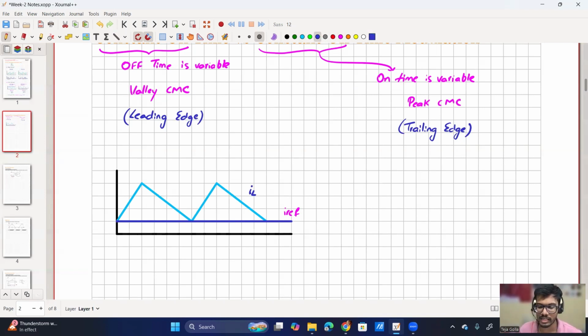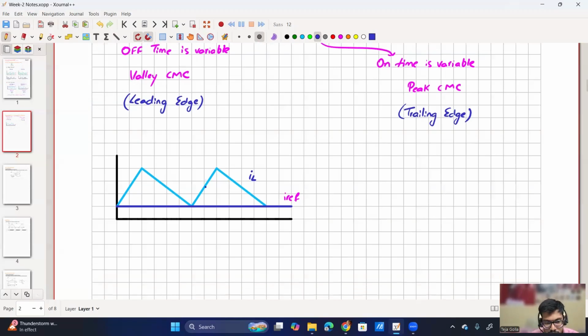Even when I started studying, it was very confusing, which is trailing, which is leading. So you think in the way that I have taught, so that it will be clear. Whenever we are saying peak or valley, it's about the current reference. Whenever we are saying leading edge or trailing edge, it is about the sawtooth or the inductor current. So it will be logical and you will not get confused.